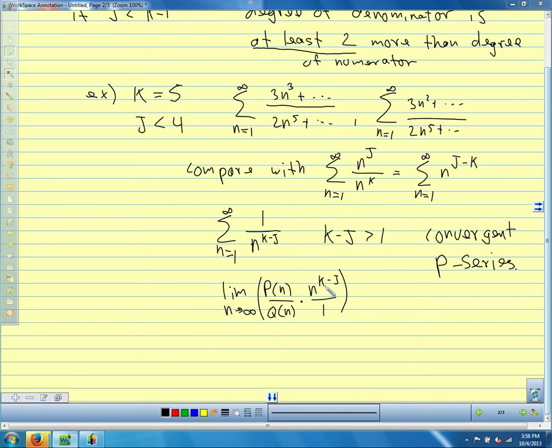So we end up with a degree of 5 in the numerator for this limit also. So our degrees of the numerator and denominator are guaranteed to be the same when we do this comparison. Our limit is going to be the ratio of the leading coefficients of the polynomial that's left after we multiply this out, which is going to be finite and positive. So this is greater than 0 and finite. So we get convergent.